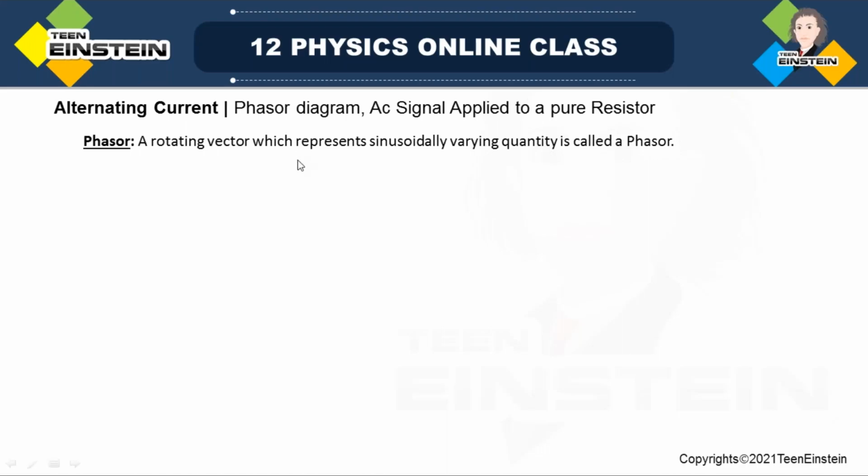So, Deepa, in the last class, we started with alternating current. We know alternating current will change its magnitude and direction periodically, and we have learned that alternating current can be expressed in terms of sine function or cosine function, which I can say sinusoidal function like this.